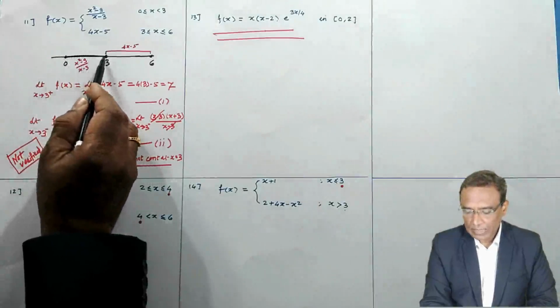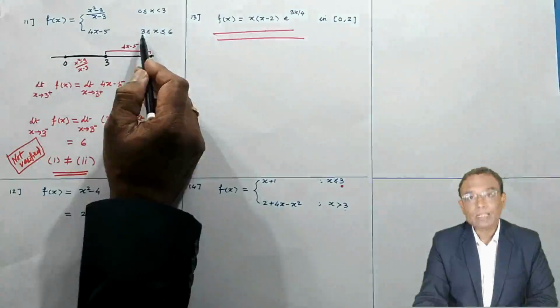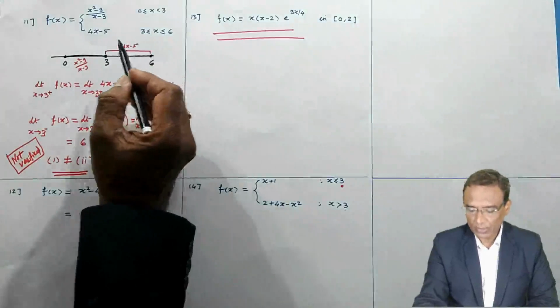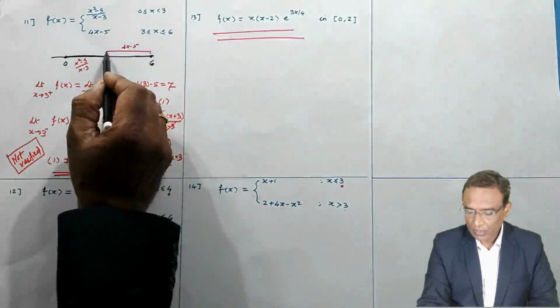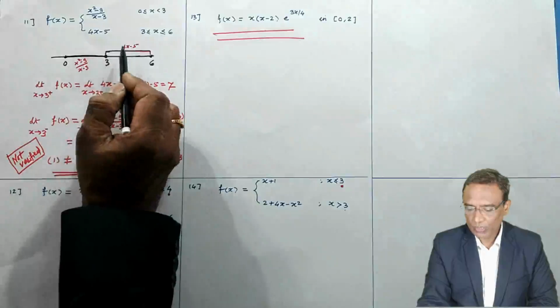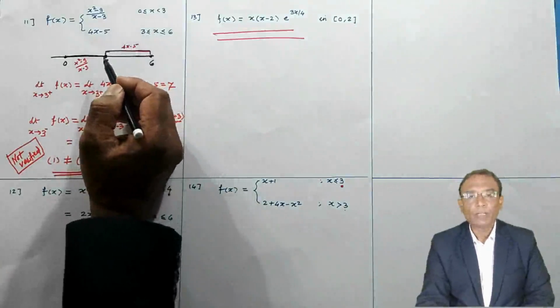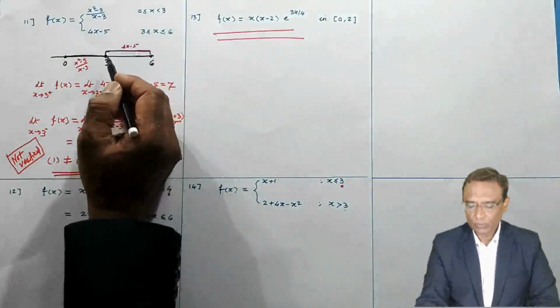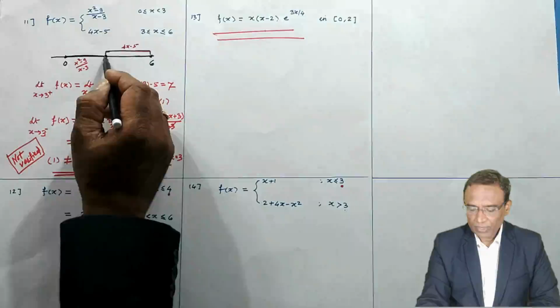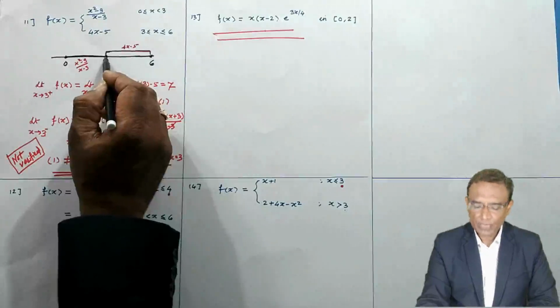For this interval, this is the value of f(x), and for the next sub-interval, 3 is included. For this, the value of f(x) is 4x minus 5. Here, the function has a different value from x equal to 3.